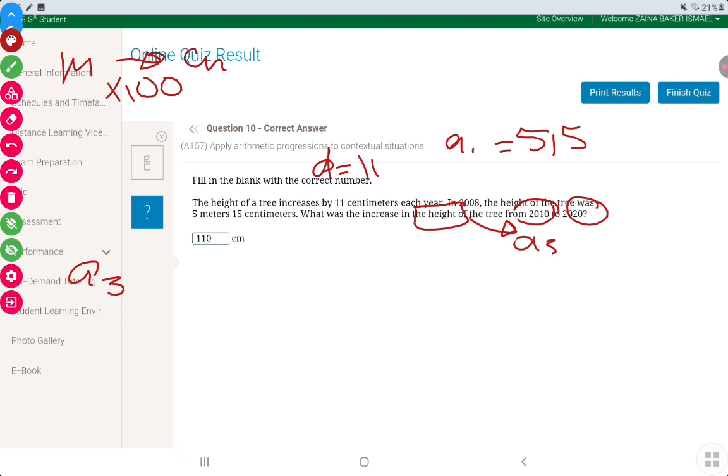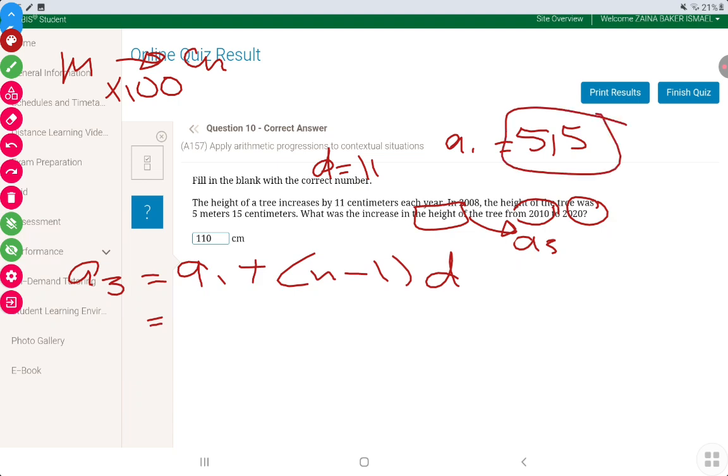So we use the equation A3 is equal to A1 plus n minus 1 times d. A1 is 515 plus n, which is 3, minus 1, remember n is the small number over here, times d, which is 11.